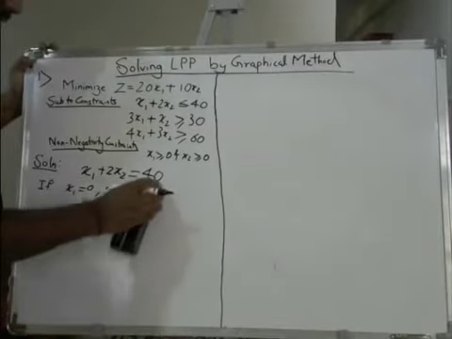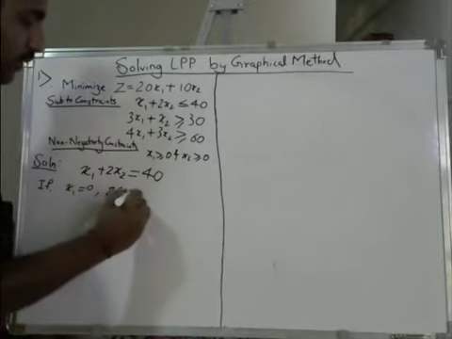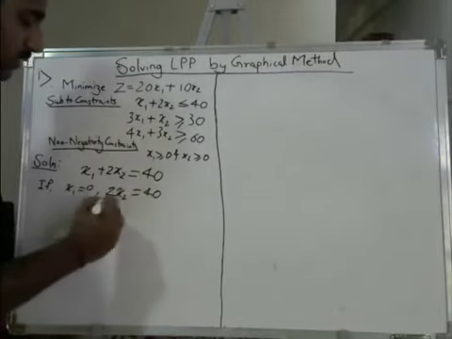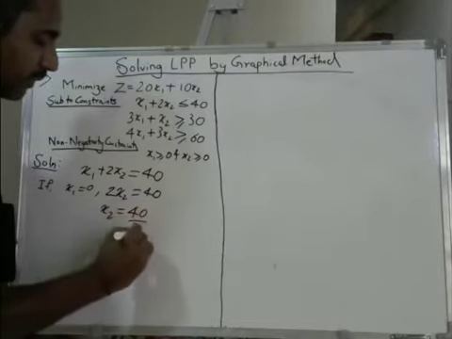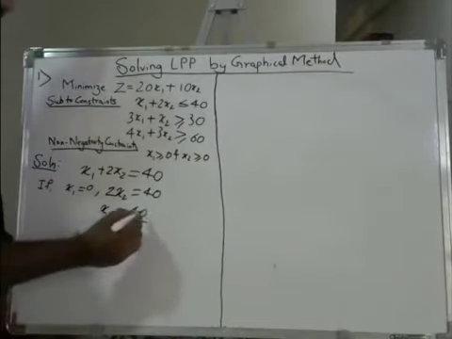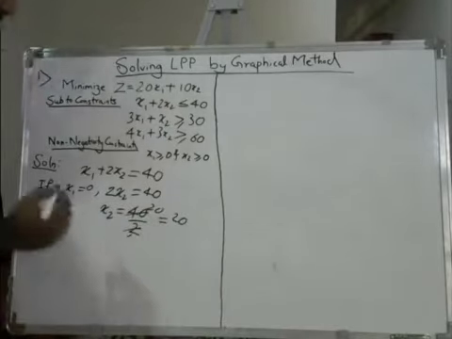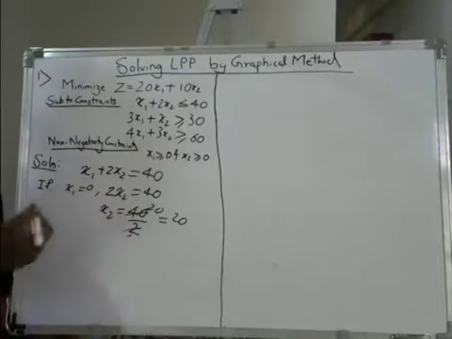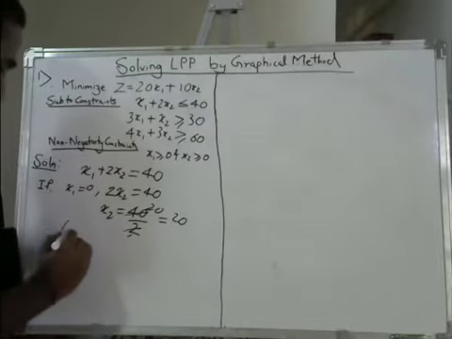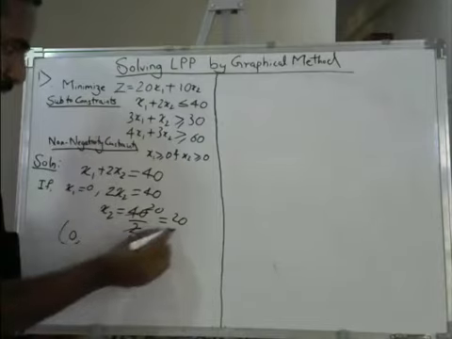Writing it in a simpler way, step by step: 2x2 is equal to 40, therefore x2 is equal to 40 divided by 2. Two twos are 20, so x2 is equal to 20. Now if x1 is equal to 0, x2 is equal to 20. We got the first coordinate here.